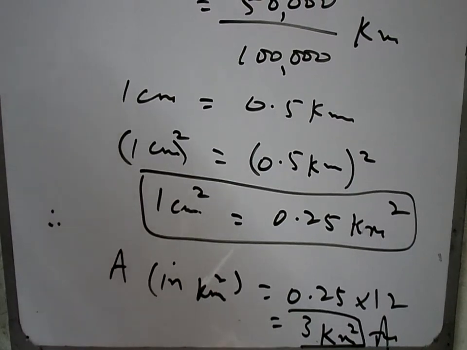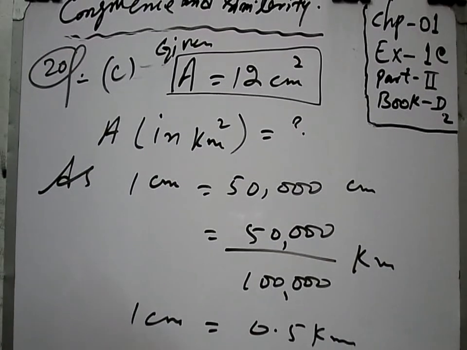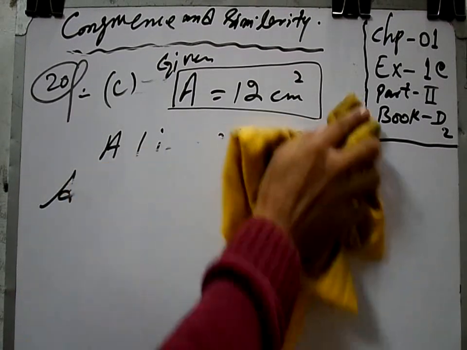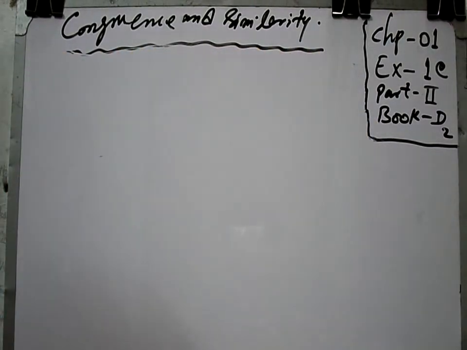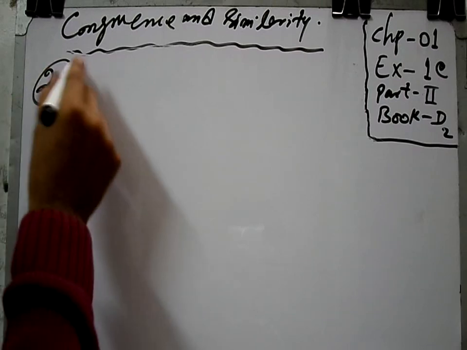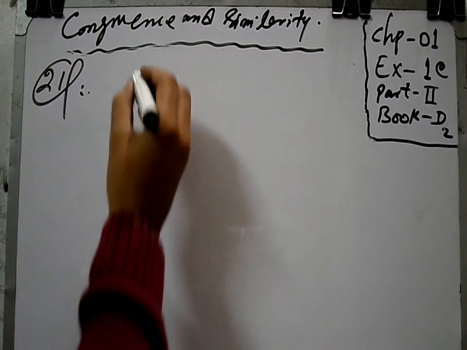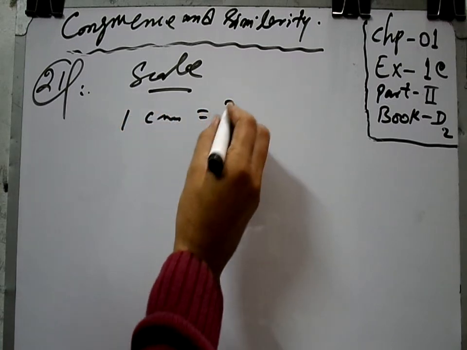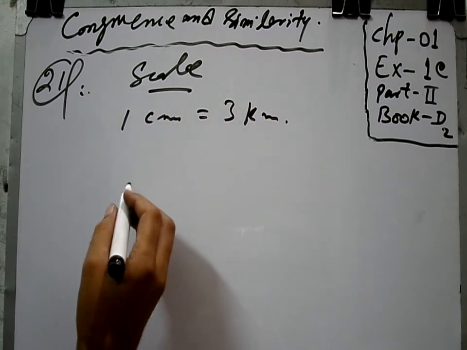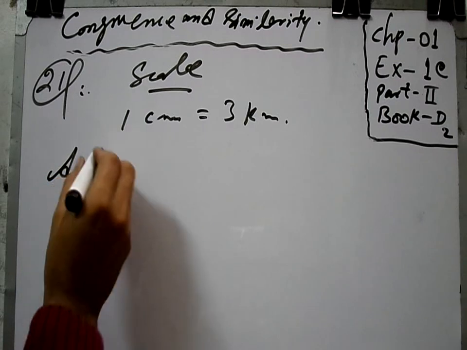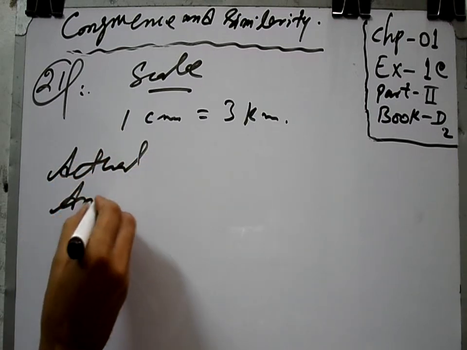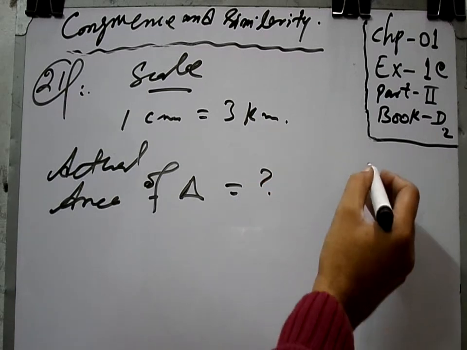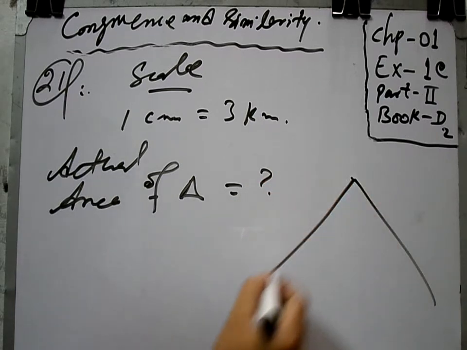Coming to the next question, that is question number 21. Here the scale is given, that is 1 centimeter is equal to 3 kilometer. We have to find the actual area of the triangle. First we have to draw the triangle.